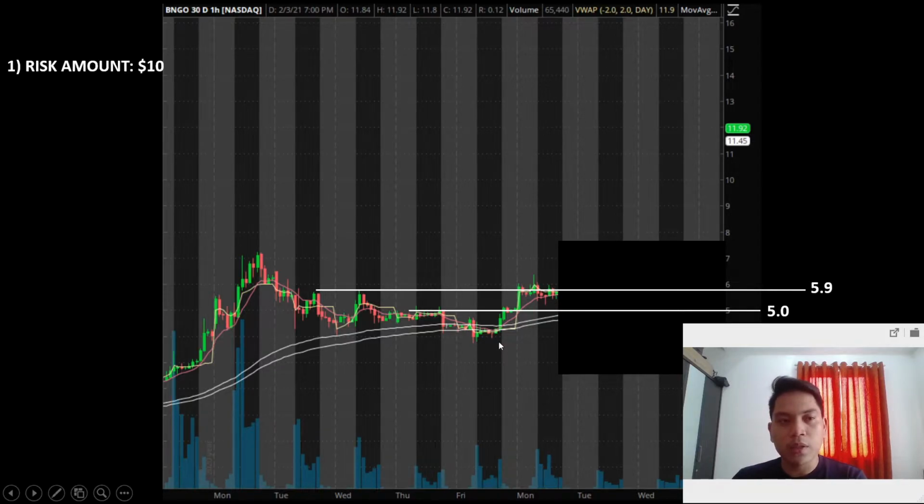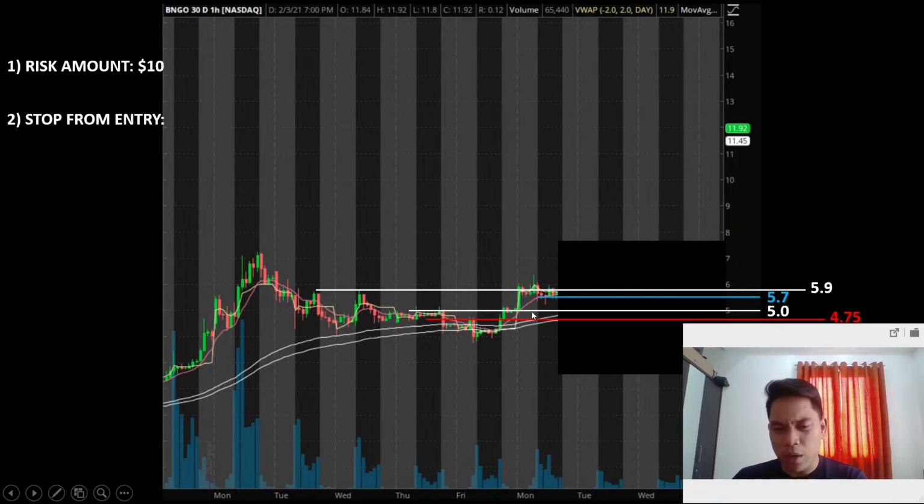So again, risk dollar amount 10. Stop from entry. So we determine our entry. Say we entered at this very first candle. That's going to be around 5.7. And then again, our stop, with a little bit of wiggle room here, 4.75.